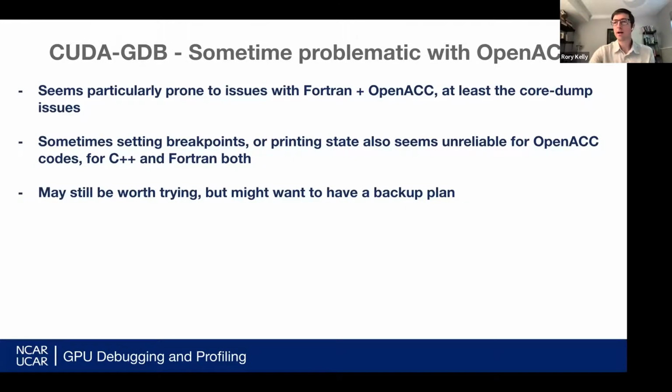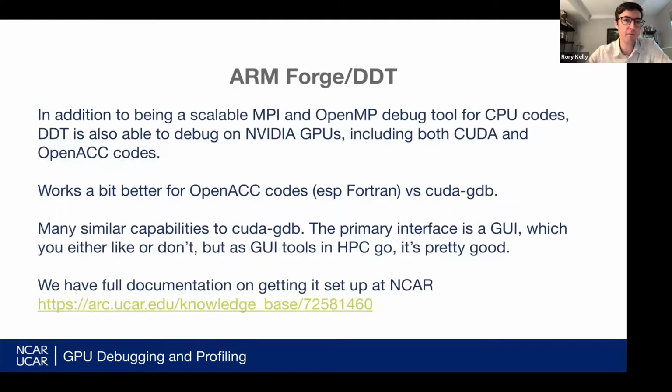And that's why I want to talk real briefly, because I probably got about 12 minutes here, about an alternative, which is DDT from ARM. It's a little more heavyweight to set up versus CUDA GDB. It's got a graphical user interface as the primary way you work with the tool. That's either a benefit or a drawback, depending on your point of view.